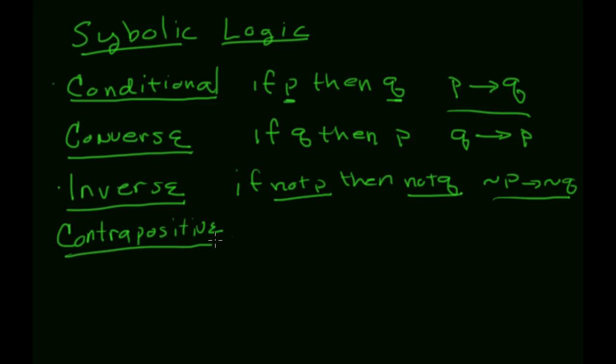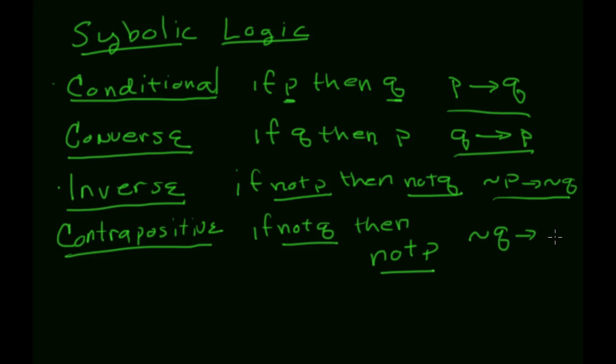The contrapositive is if not q, then not p. So we've switched the q and the p and we've negated both. As a symbol, you would write not q implies not p.